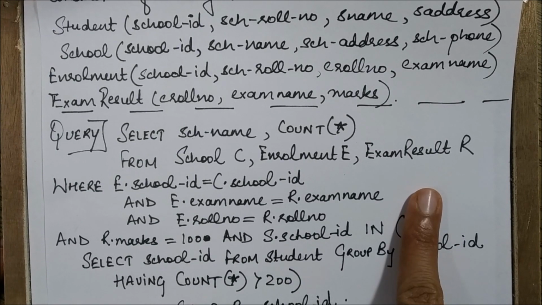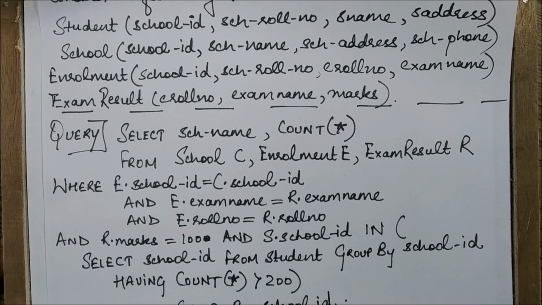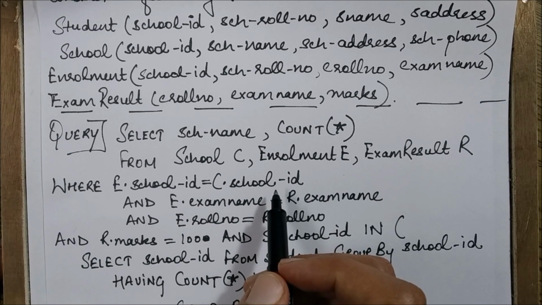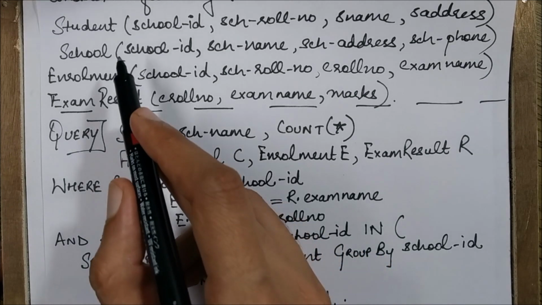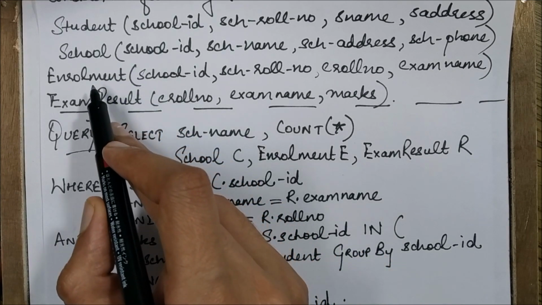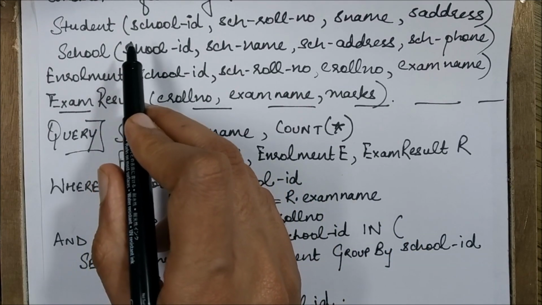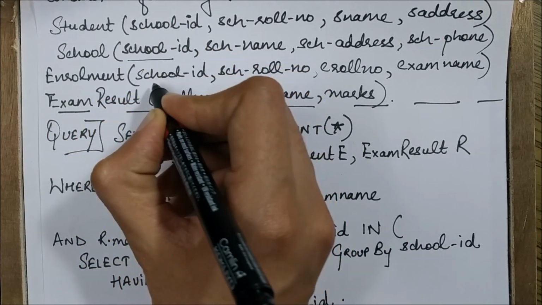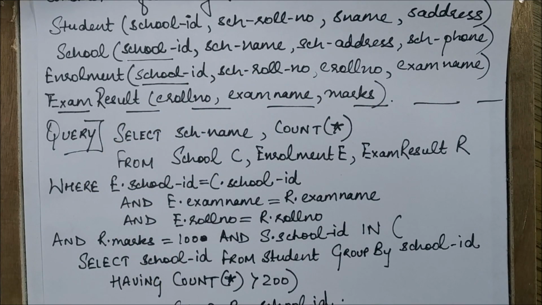Now let's match the conditions as we get them. It says where e.school_id equals c.school_id. What is c? C is school. So it says e.school_id, enrollment.school_id, equals school.school_id. So this matches with this. Right?